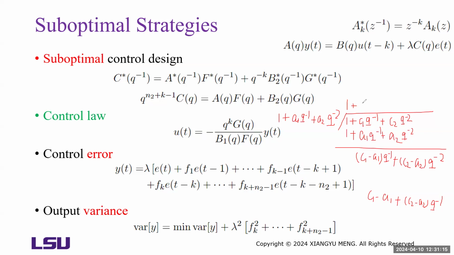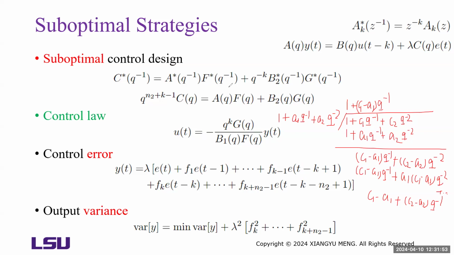The next coefficient will be c1 minus a1, then q^(-1), and then plus a1 times c1 minus a1, with q^(-2), and so on. The point I would like to make is that even though we put the B2 star here, it will not affect the coefficients of F.